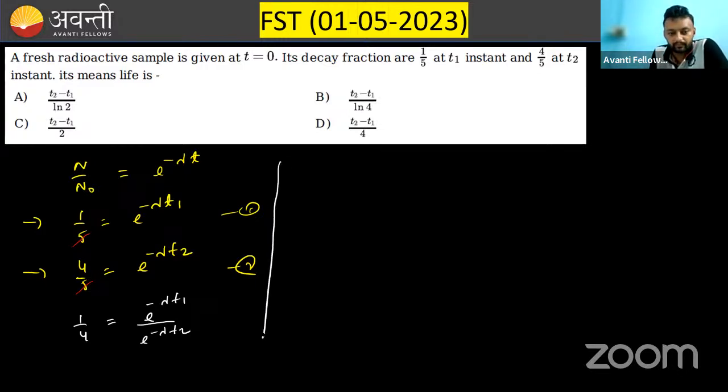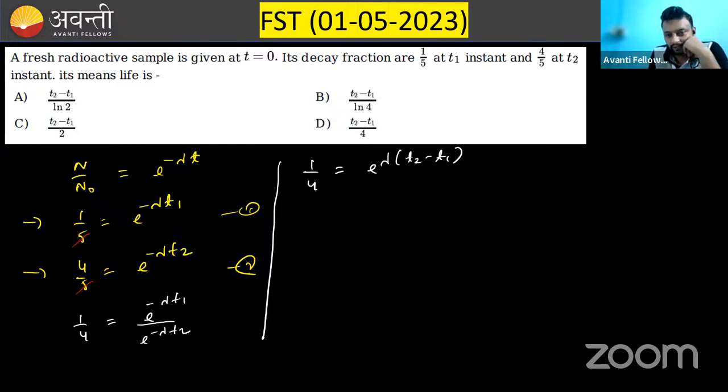Clear? So 1 by 4 is nothing but e raised to the power lambda t2 minus lambda t1. So you can take lambda common, t2 minus t1. Clear? E raised to the power lambda t2 minus t1.